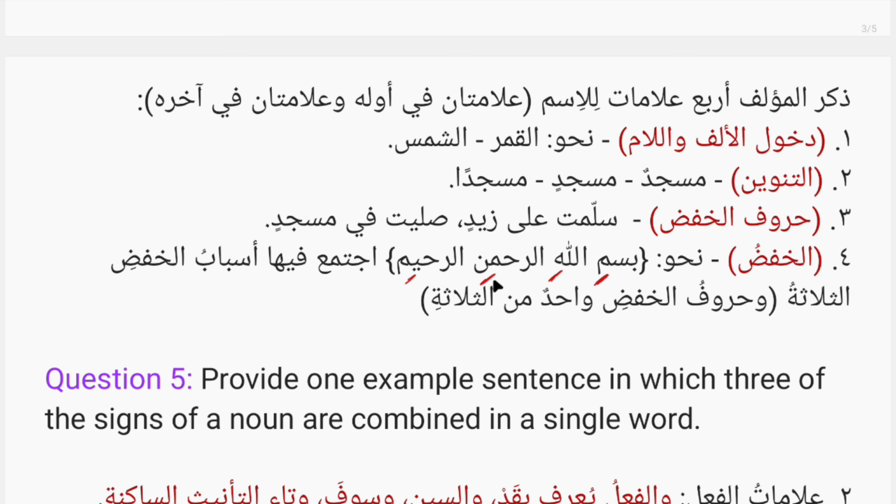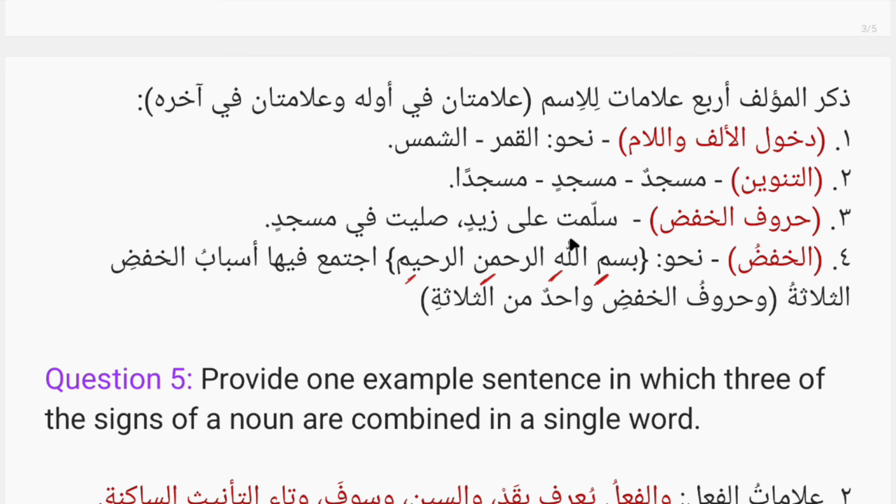Ar-Rahmani is majroor, and it's majroor because it's describing Allah. Na'at man'ut. Na'at follows the same i'rab as the man'ut. Okay, so this is also a na'at as well. So we have three words which are majroor here. When I say three, Rahim is the same as Ar-Rahman. Three words which are majroor, but the reason for them or the cause for them being majroor is different. This one's majroor because it's preceded by harf jar.